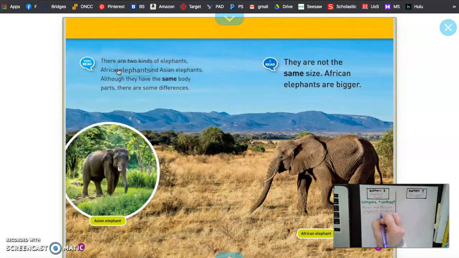So under similarities, I can just do this as a list. Same body parts. Then I see it says they're not the same size. African elephants are bigger. So I'm going to leave this similarity part at the top, and down here a little farther down, I'm going to write differences.